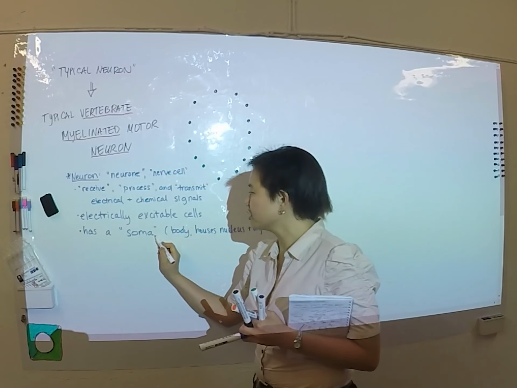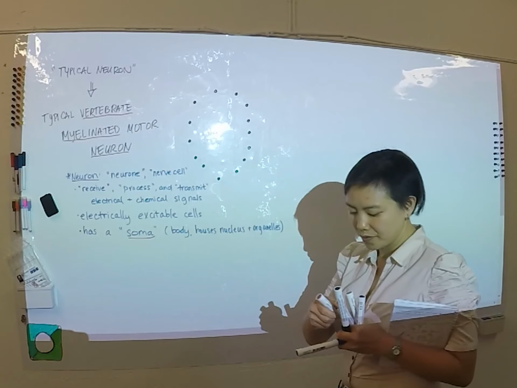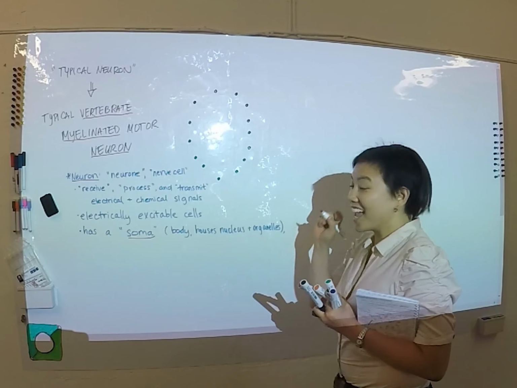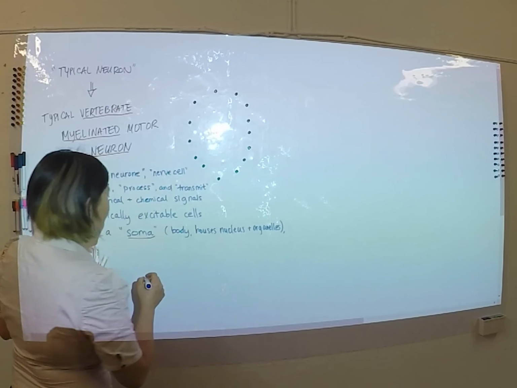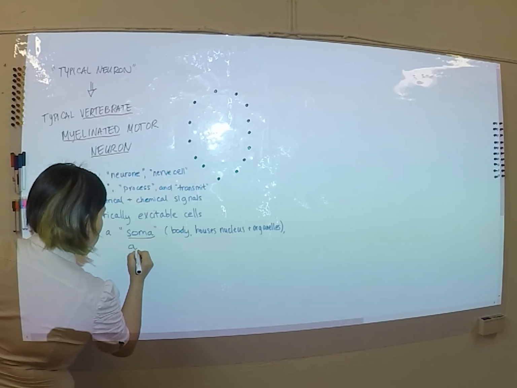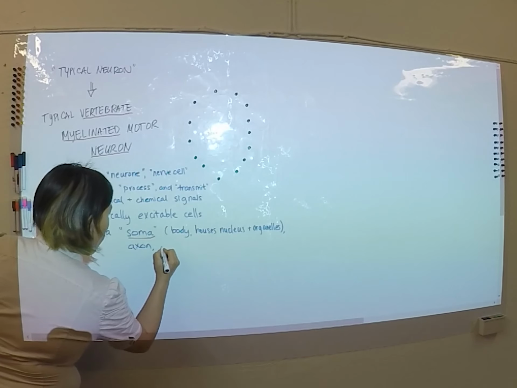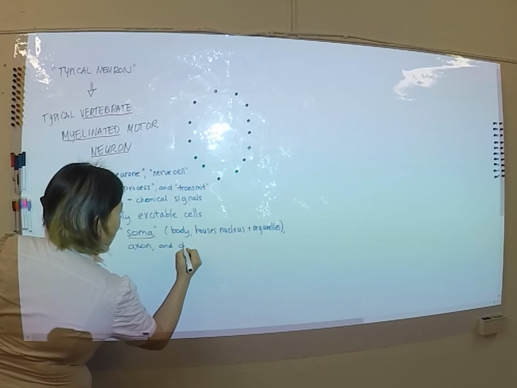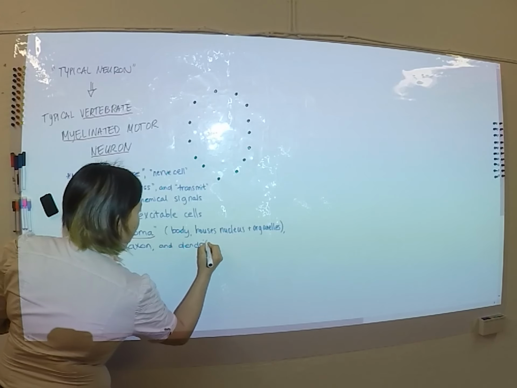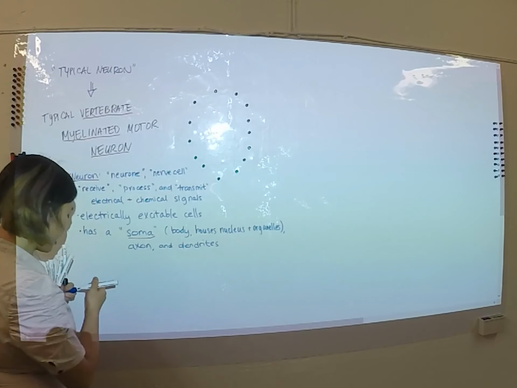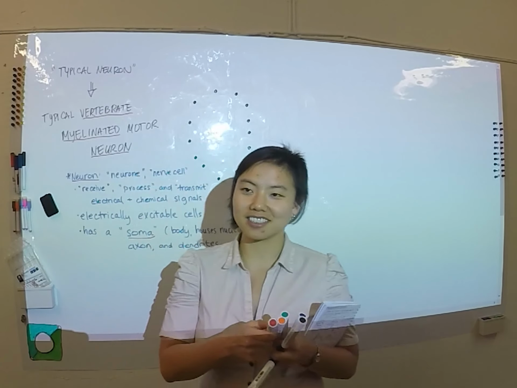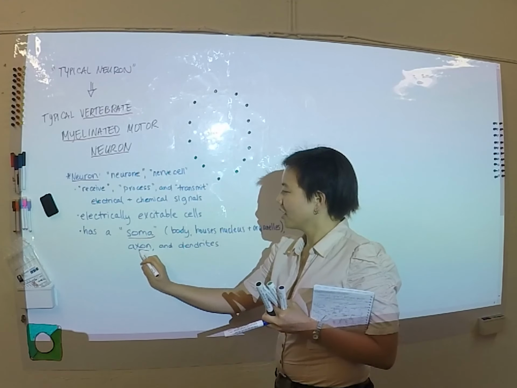That's also a new word, so I'm going to underline it in red. And it has an axon and dendrites. Okay, more new words. So here we go.